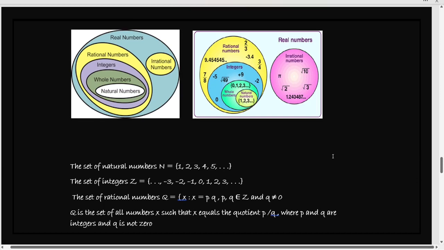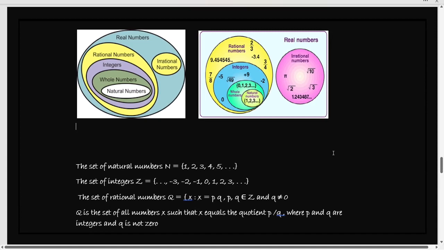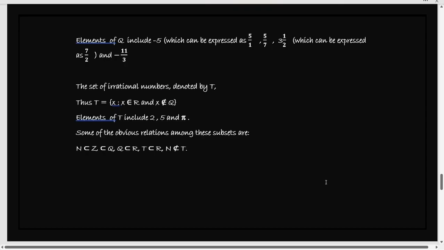The symbols denoted by these: N is natural numbers, Z represents the integers, and Q is the rational numbers. Q is the set of x such that x is equal to the quotient of p by q, where p, q are integers and q is not 0.